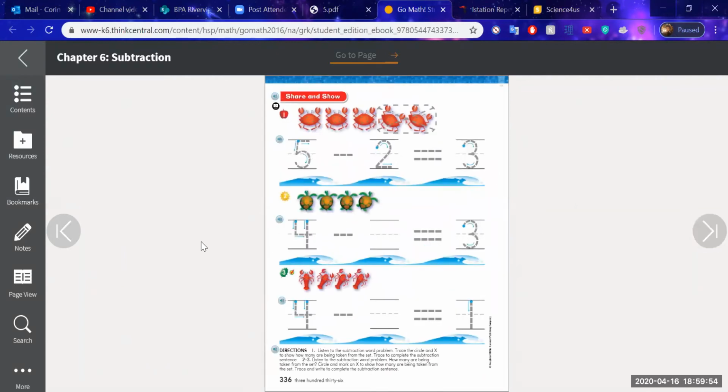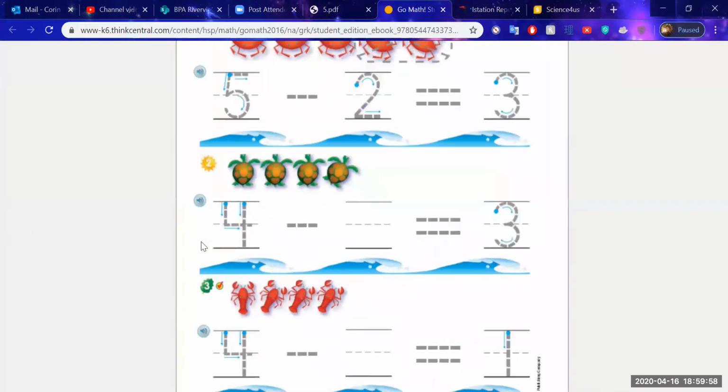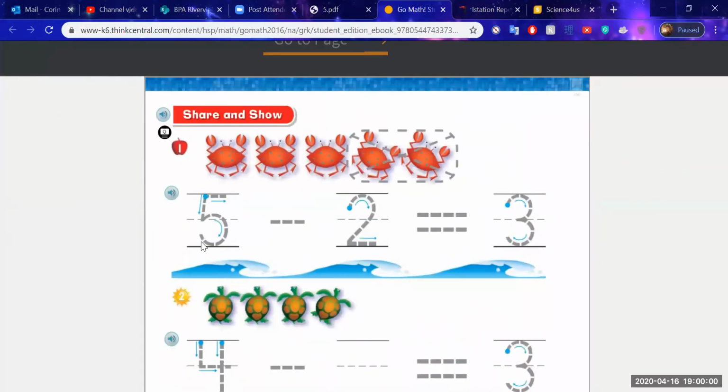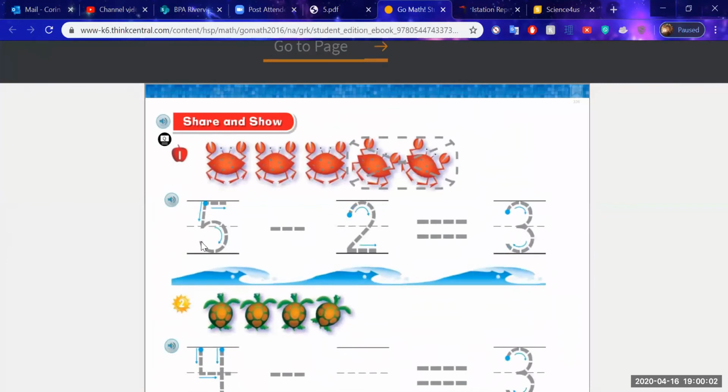Now let's look at this page. I want you to find the number 1 inside the red apple. What do you see next to the number 1? Crabs. How many crabs are there? Let's count them. 1, 2, 3, 4, 5. So we have 5 crabs to start.